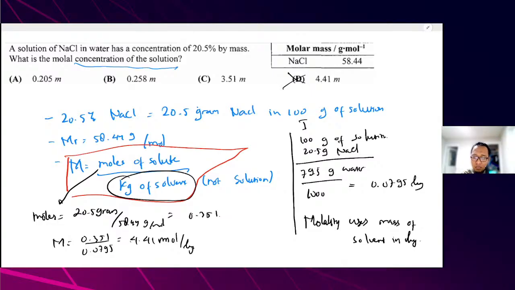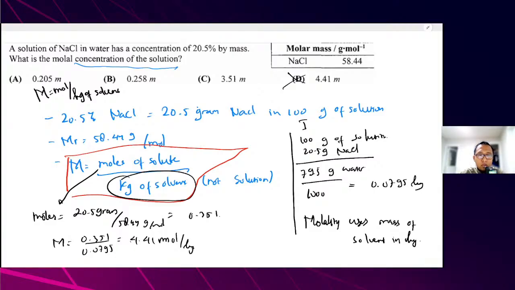Molality is moles of solute divided by kilogram of solvent, not solution. Molality is mole per kg of solvent. All right, just remember this one. We got it.